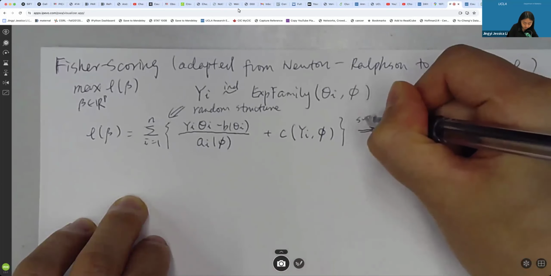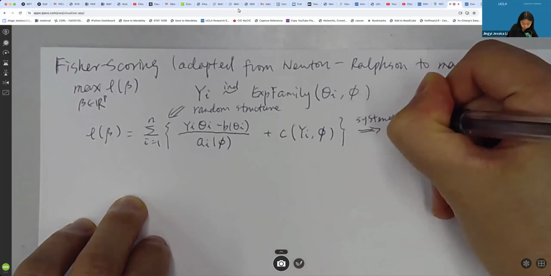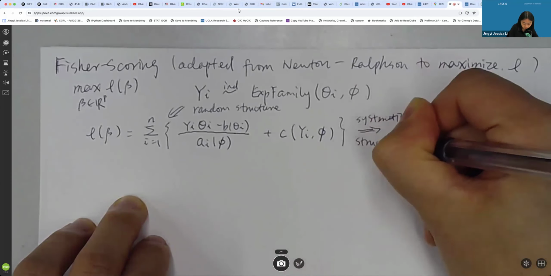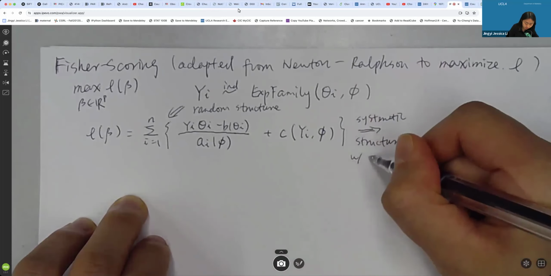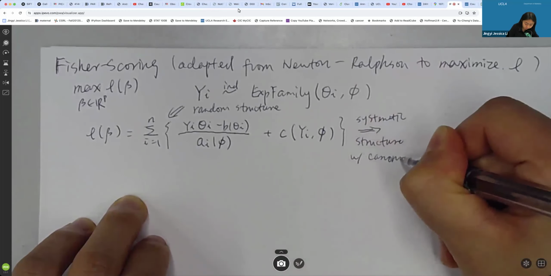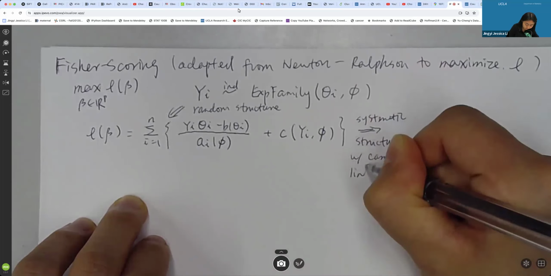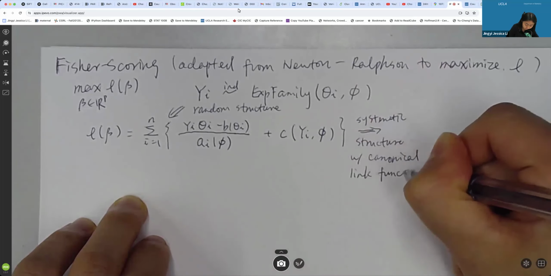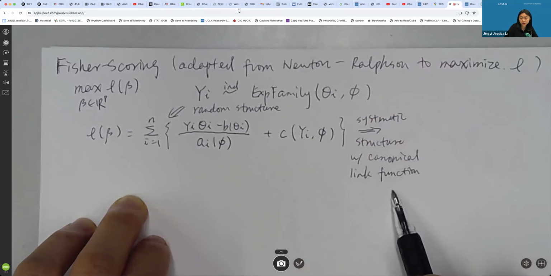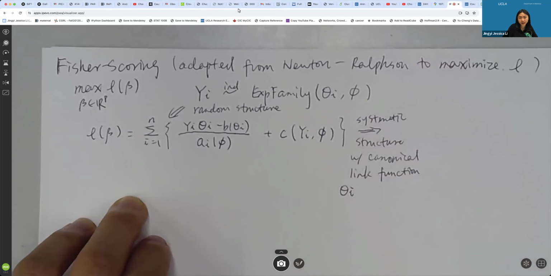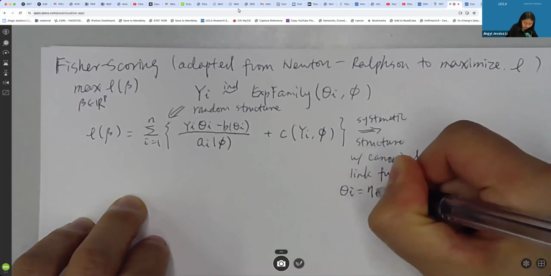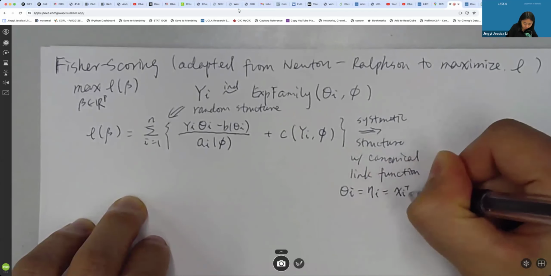So from the systematic structure, under the canonical link function, that's another thing, with canonical link function, what we actually have is theta i is specified to be the linear predictor. We call that eta i, and it is xi transpose beta.